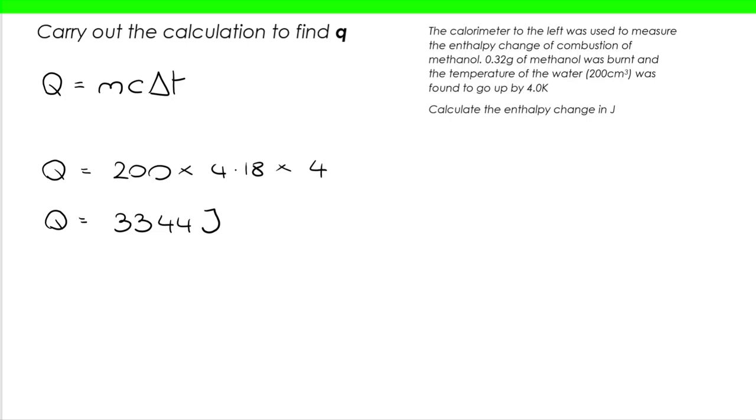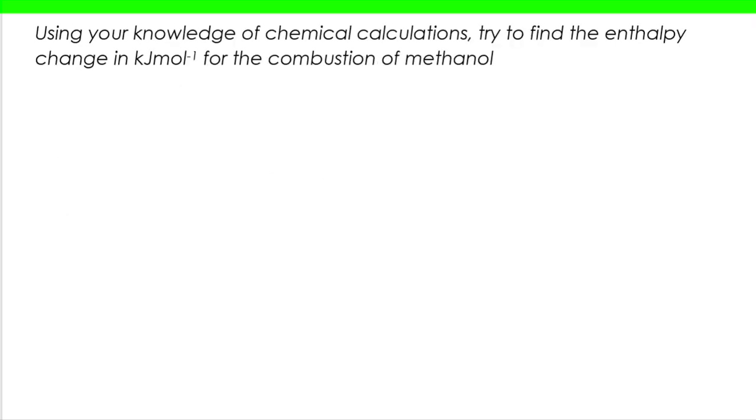But the questions generally don't stop there, because what we can then do is find out how many kilojoules per mole for the combustion of methanol. Well, we know that Q is 3344 joules, so we need to convert that to kilojoules if we're going to find kilojoules per mole. And we've got 3.344 kilojoules. We simply divide by 1,000.